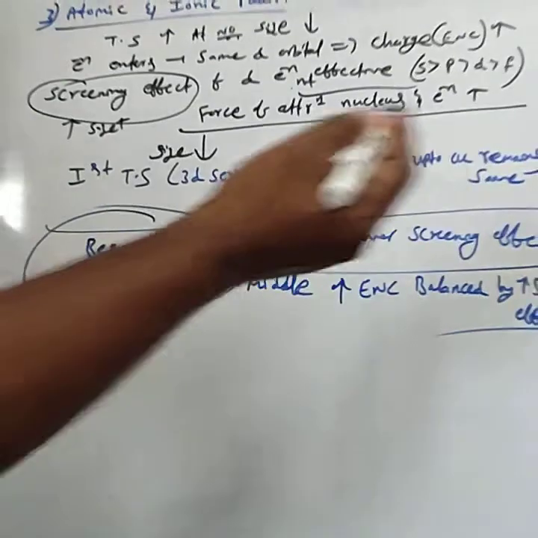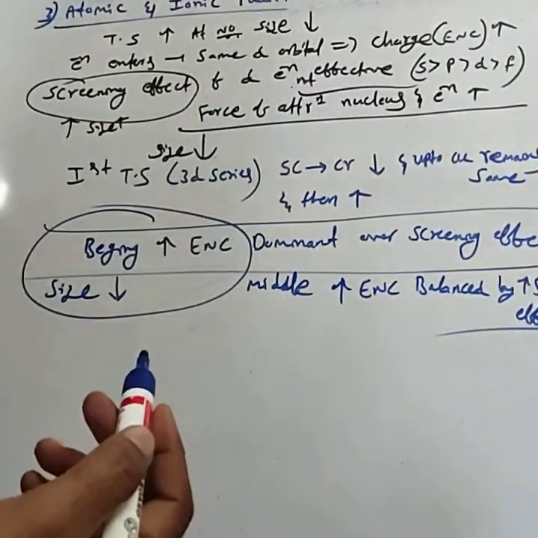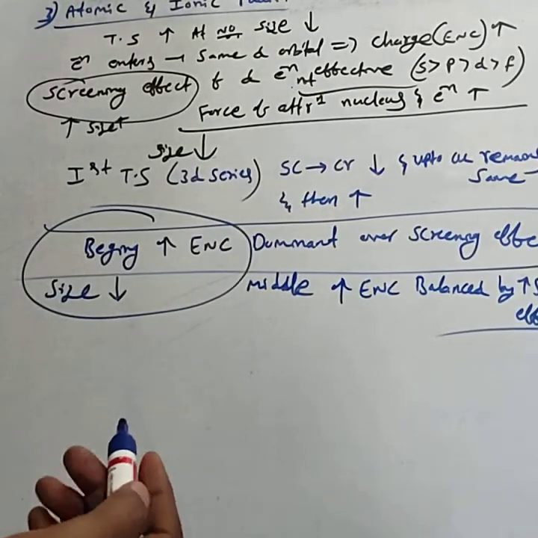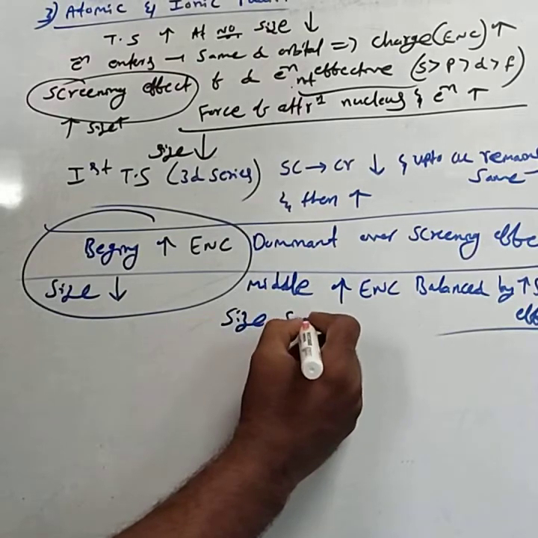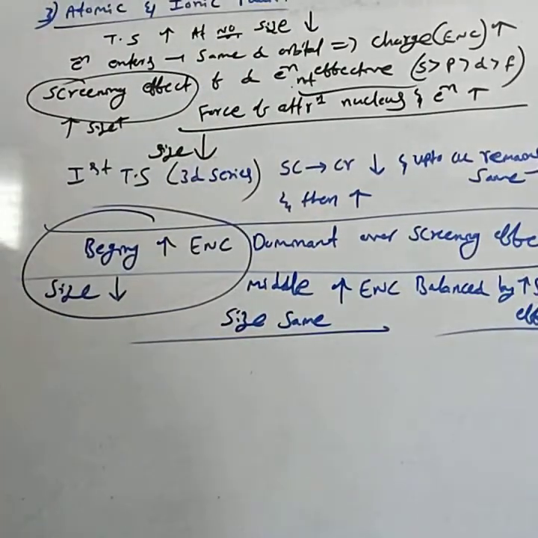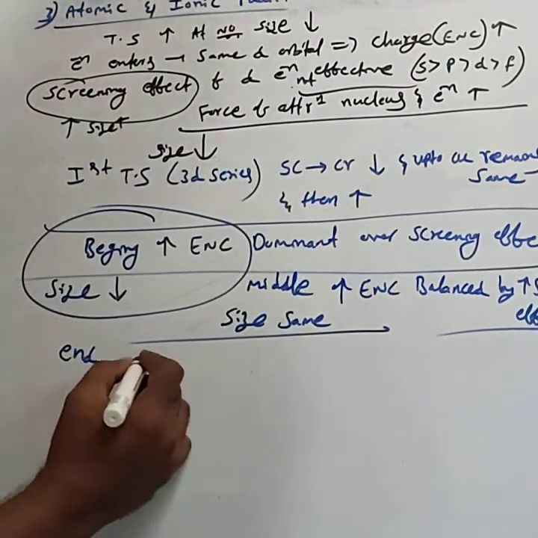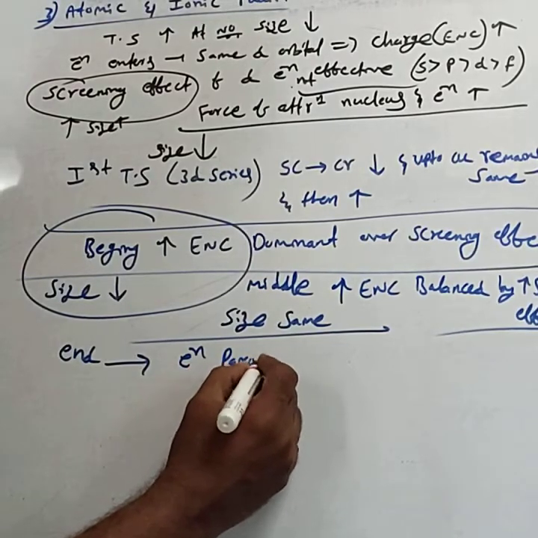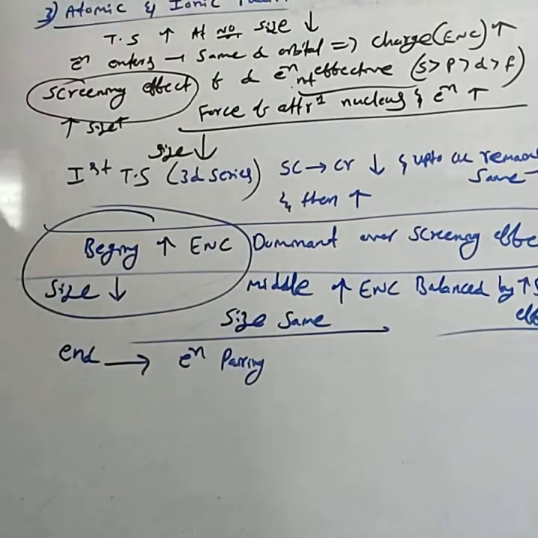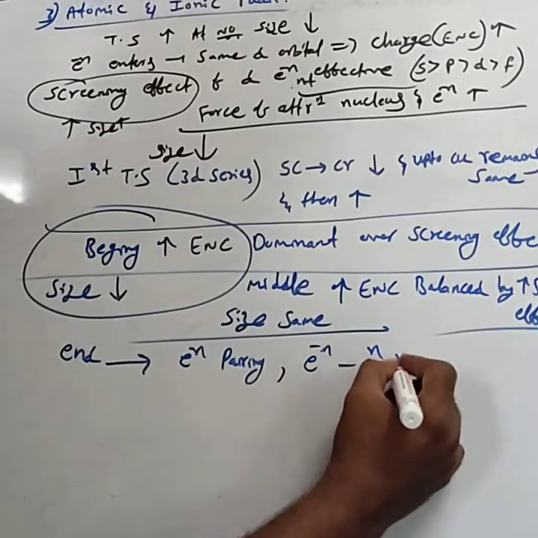Hence, atomic size remains the same at the middle of the series. Then, at the end of the series, electron pairing occurs, and then electron repulsion.